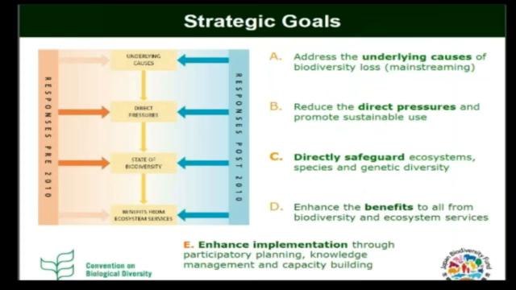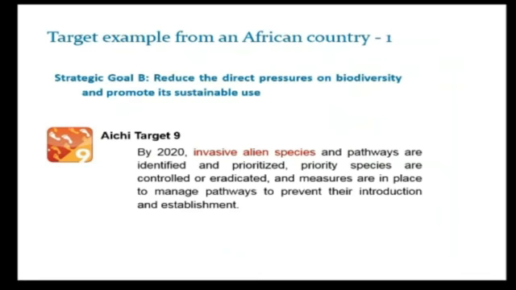So it's suggested in the process of target setting to start off with the context of the 5 strategic goals, and many countries have taken these strategic goals to inform their NBSAP or have modified them or detailed them as appropriate to their national situation, and then develop targets under them.